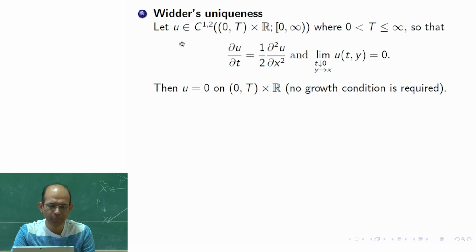So here, let u be a smooth function, a C^{1,2} function, once continuously differentiable with respect to time and twice continuously differentiable with respect to space, and it is a non-negative function, and u satisfies the heat equation ∂u/∂t = (1/2) ∂²u/∂x². And furthermore, at the initial time, as t tends to 0 and y tends to x, if u(t, y) tends to 0 for each and every choice of x, then the function u should be 0 identically in the interior.